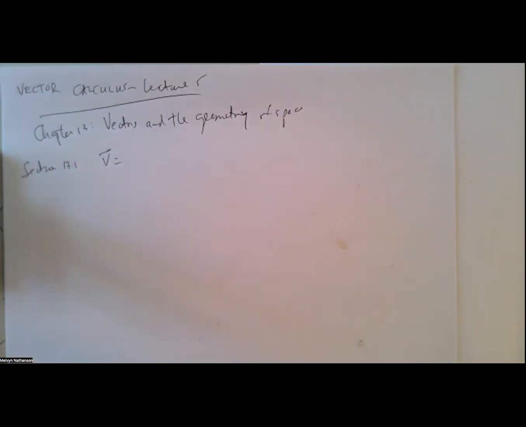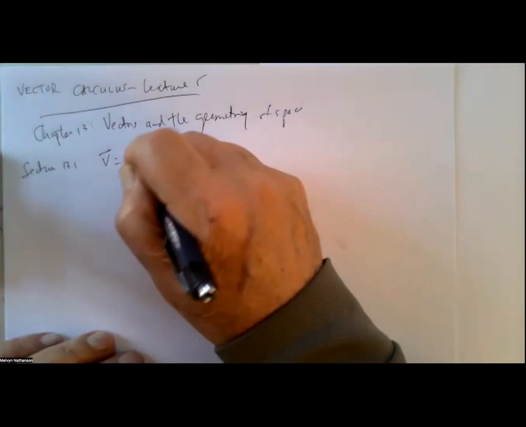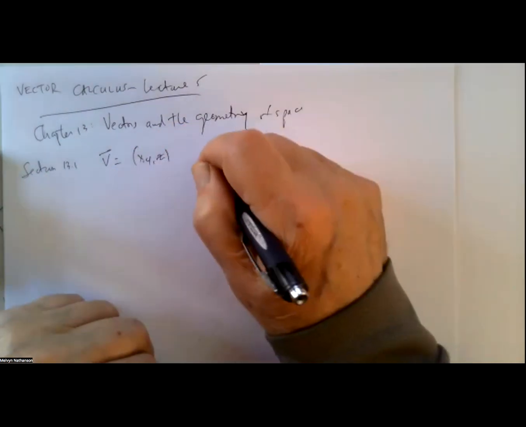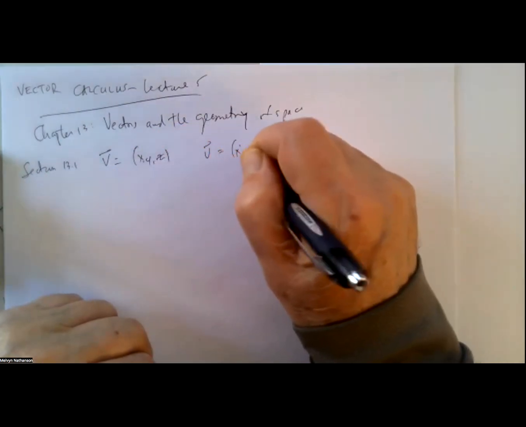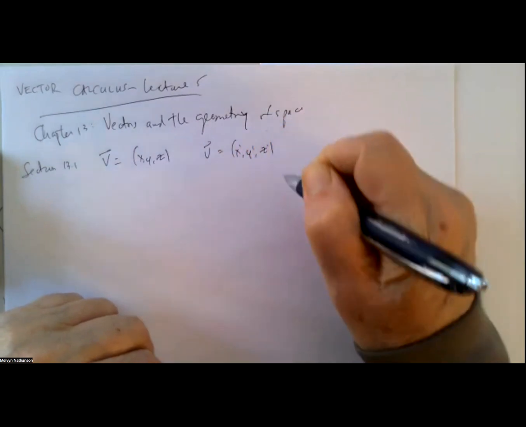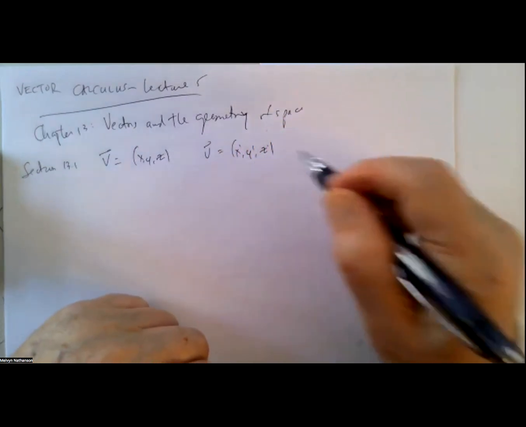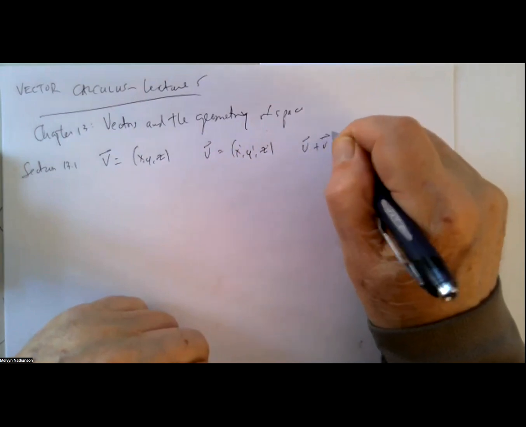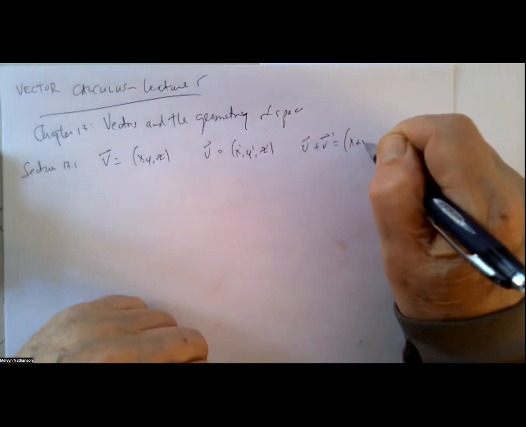So you might have a vector v in three-dimensional space, which is given by its coordinates, x, y, and z. And if we have a second vector, v prime, with coordinates x prime, y prime, and z prime, then you add them by adding coordinates.